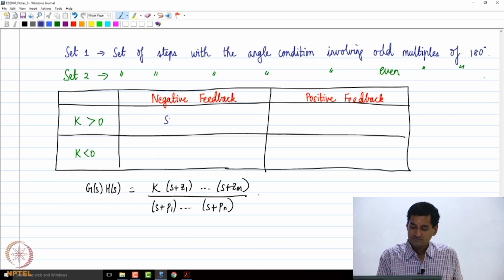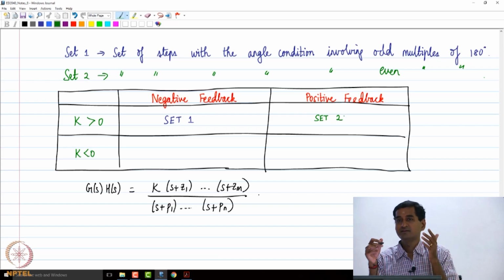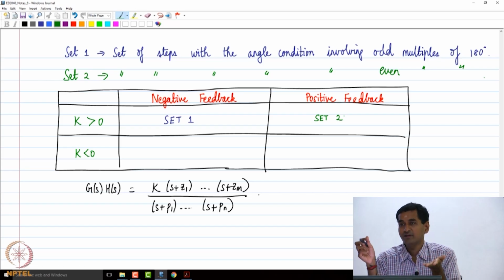Set 1, right. Use set 1. That is pretty obvious. Then if you have positive feedback and k greater than 0, use set 2. That is what we learnt at the beginning of today's class. Set 1 was what we learnt till the last class, set 2 was what we learnt today, with k greater than 0. Now we will discuss k less than 0.